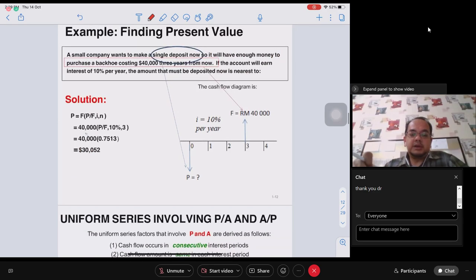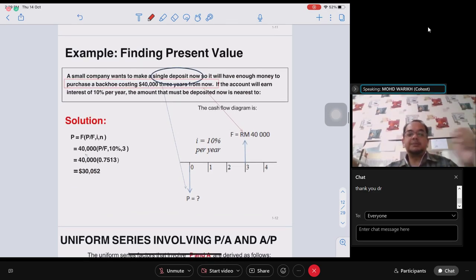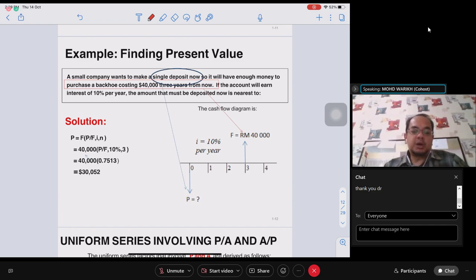So next example here. A small company wants to make a single deposit now. The keyword here is a single deposit now. So it will have enough money to purchase a backhoe costing 40,000 ringgit 3 years from now. If the account will earn interest of 10% per year, the amount that must be deposited now is nearest to.